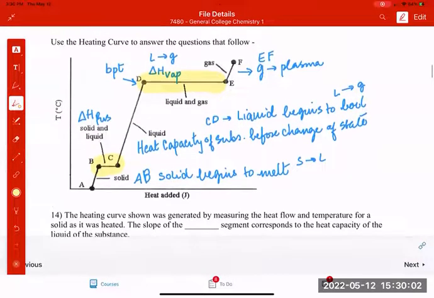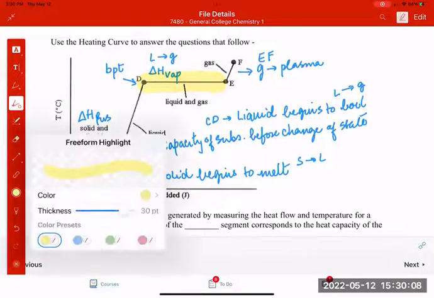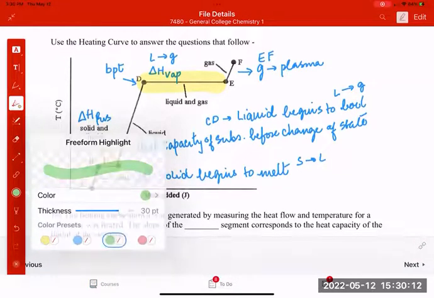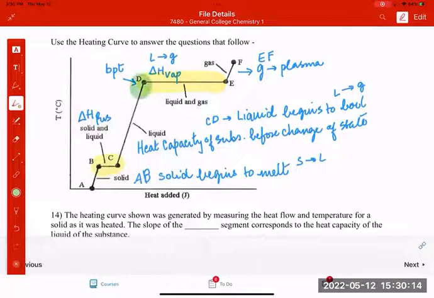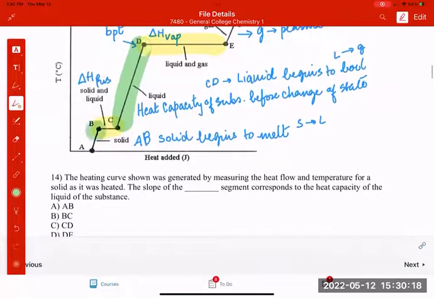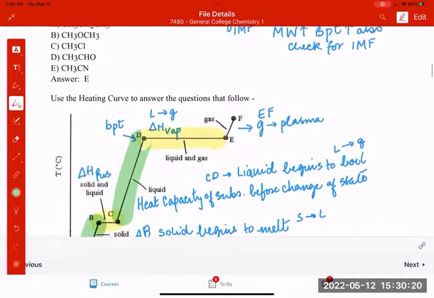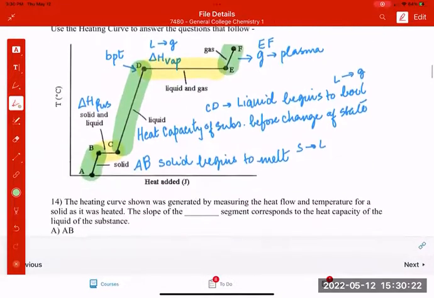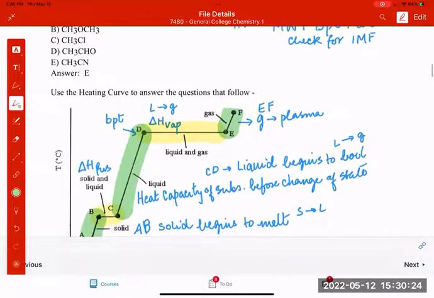So this is the heat that is required to fully convert from one phase to another. But on the other hand, the heat capacity of the substance is the amount of heat that it can absorb before any change of state takes place. So these are the heat capacity values, where you see solid going to liquid, or liquid continues to absorb until it boils.